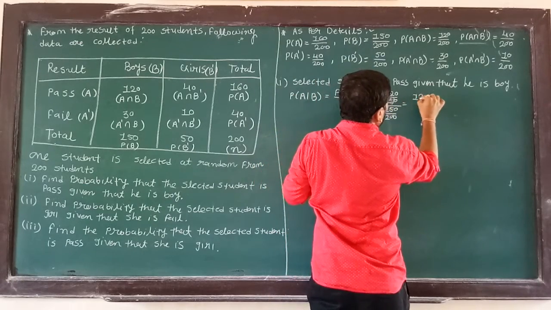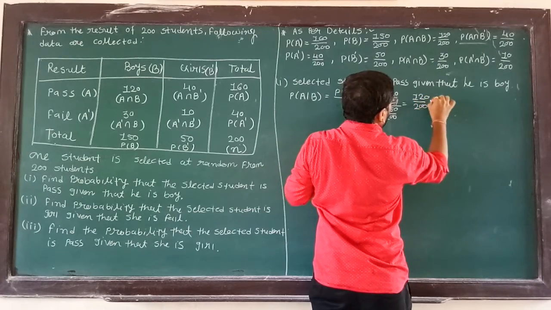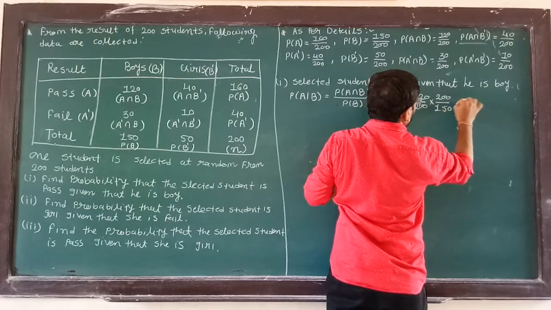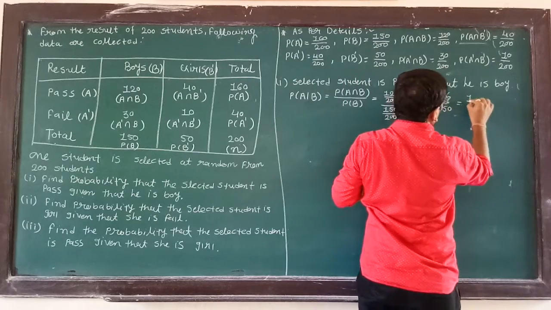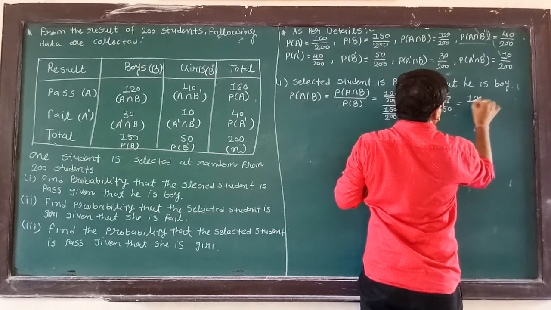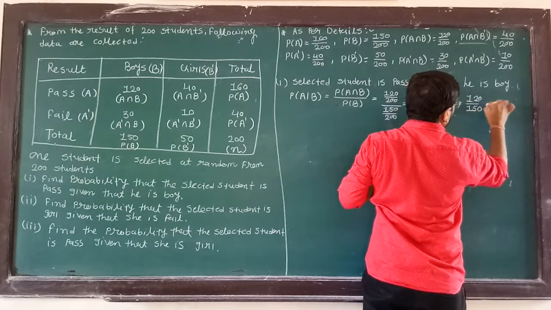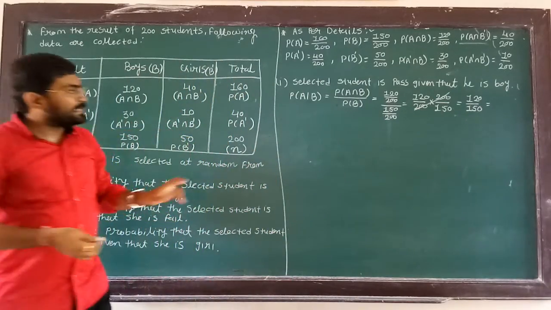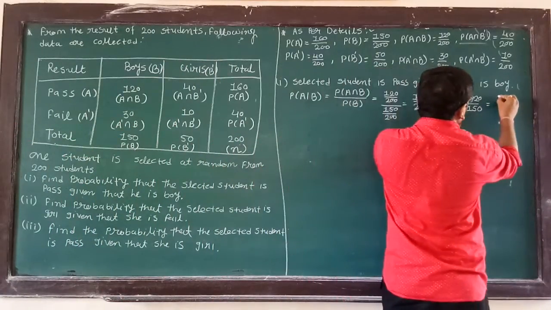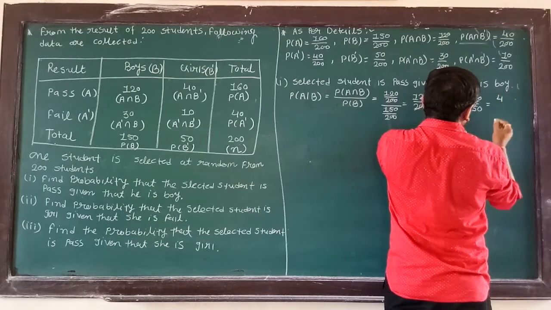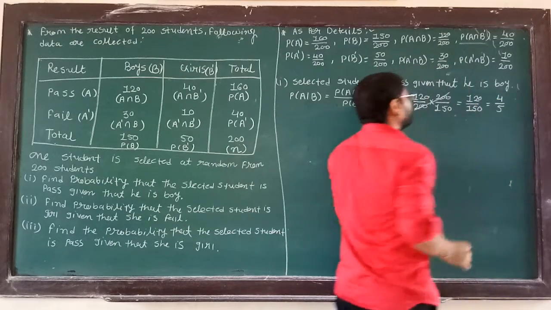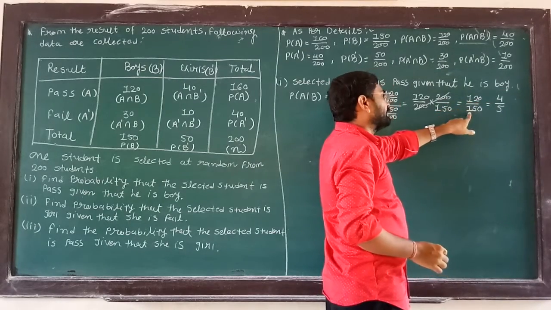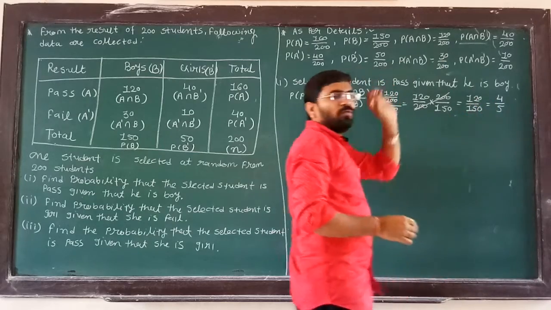So 120 upon 200 times 200 upon 150, the answer is 4/5. Here 30 multiplied by 4 and 30 multiplied by 5. 30 cancels, 4 upon 5.